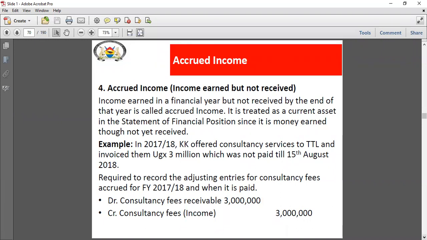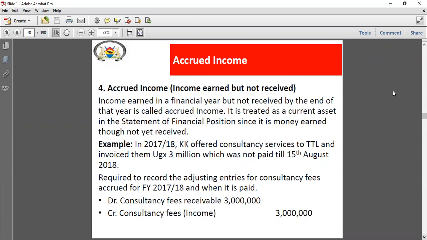You get it? And as I recognize it as my revenue, I'll again recognize an asset, a receivable. I'll call it income receivable. So it happens.